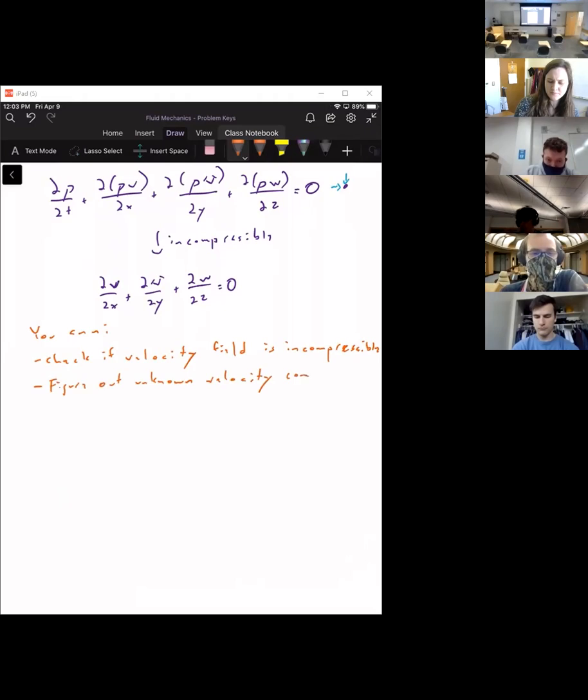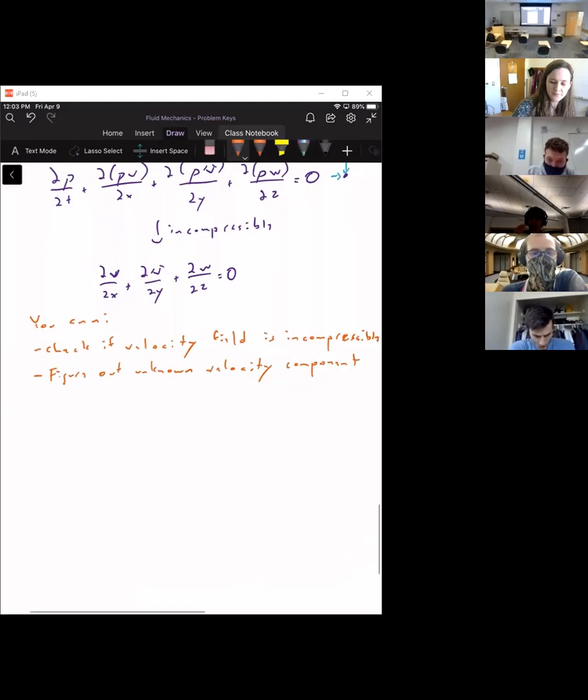So this is mostly what you did. I would expect you to be able to check if a velocity field is incompressible, or tell me if it is.